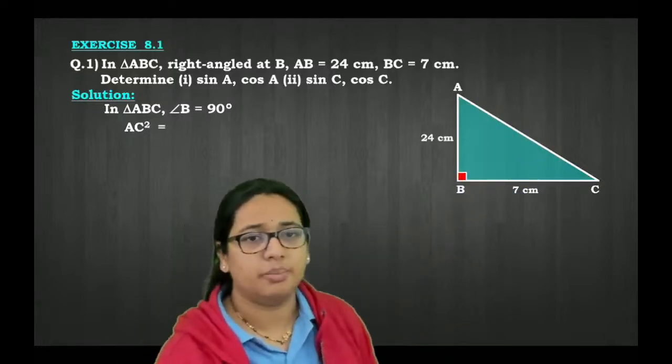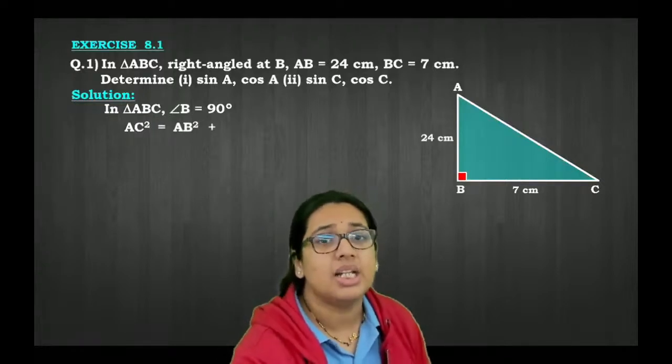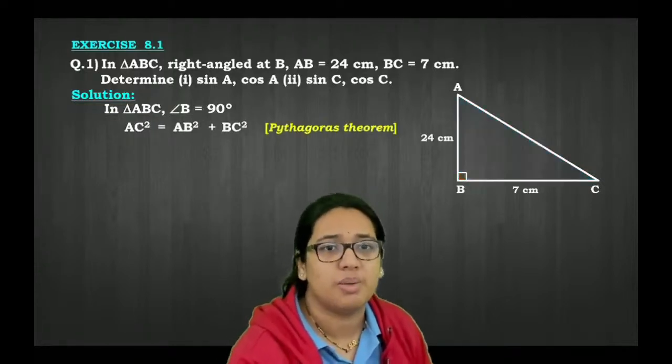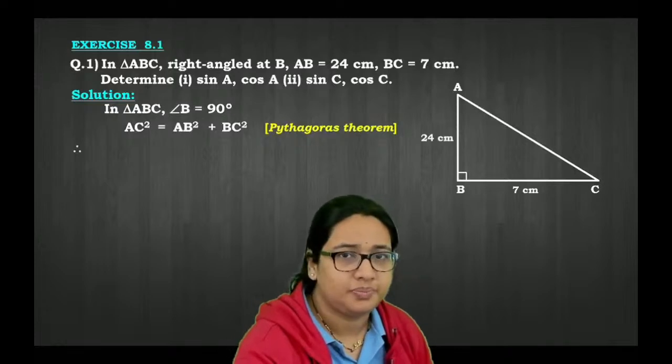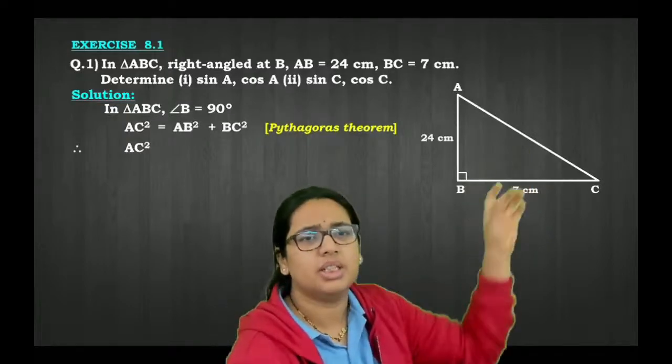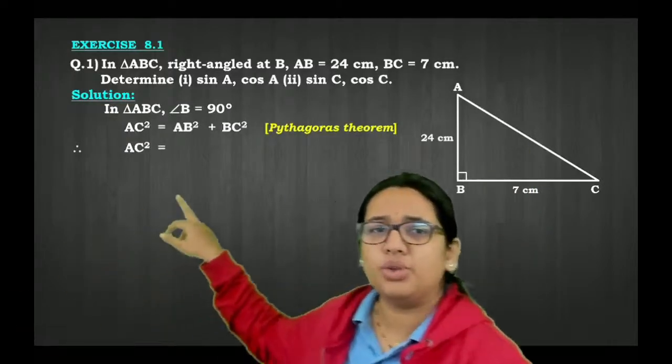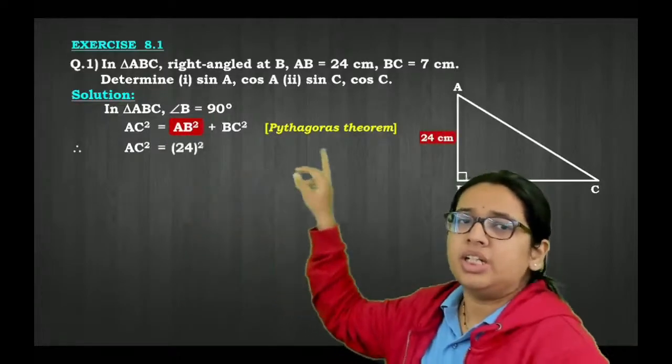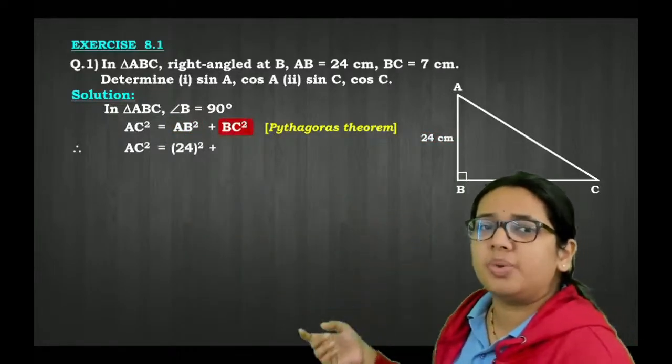Using Pythagoras theorem, we can say that AC square equals AB square plus BC square. The value that is not known we keep as it is, but we know the values of AB and BC, which are 24 and 7 respectively.